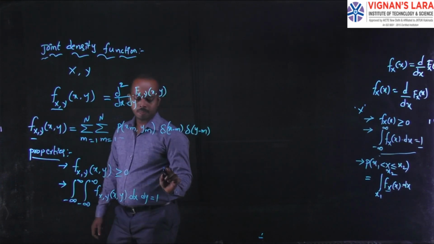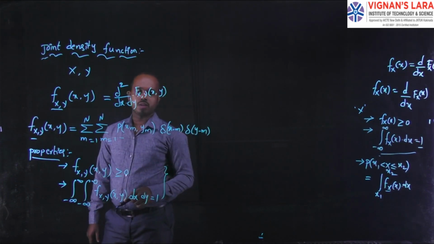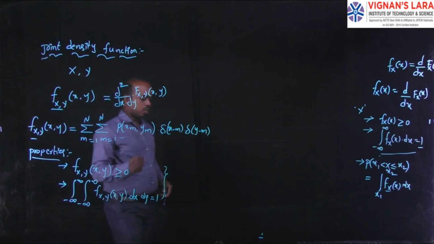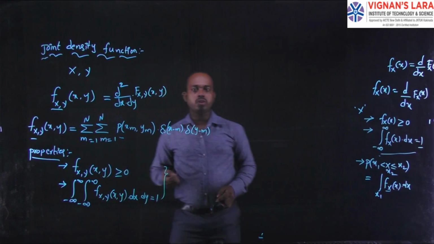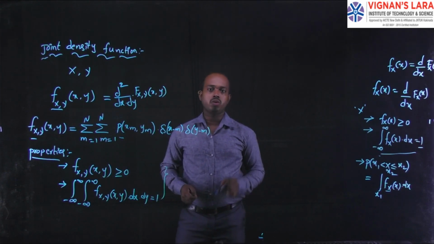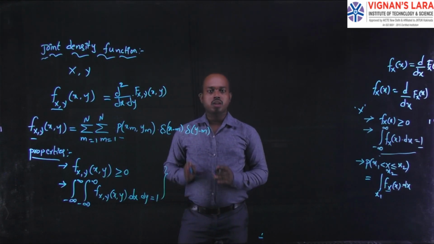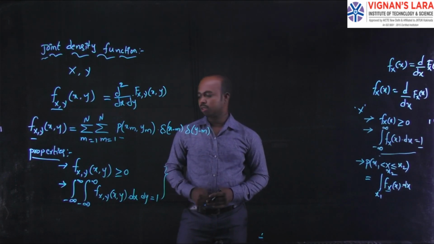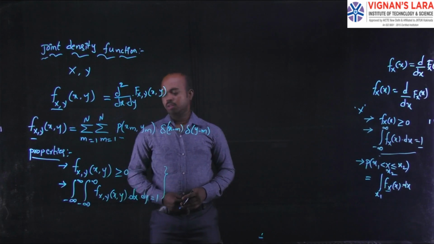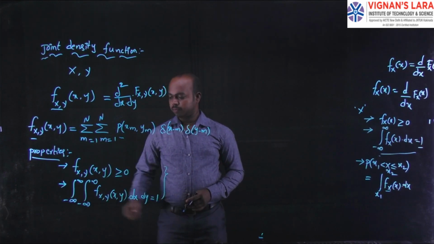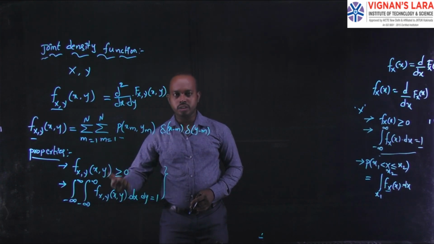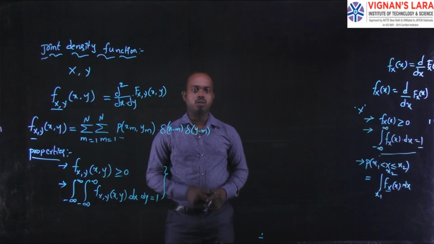These two are the essential properties of a joint density function. Here, I am calling it the joint density. When the random variables share a common portion, you call it a joint. Here I am saying that the joint density function value under an interval is equal to 1.